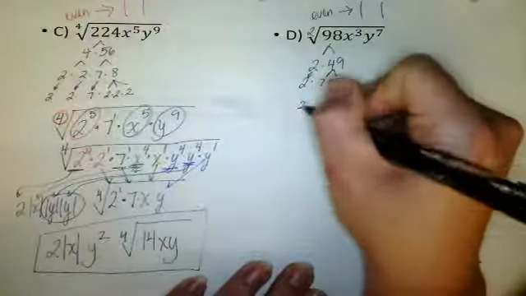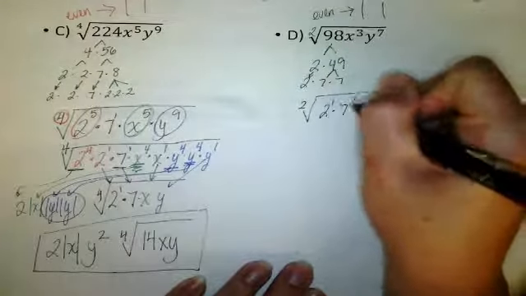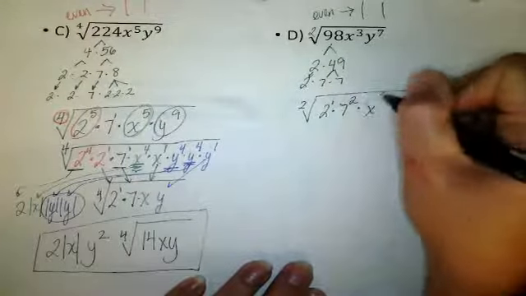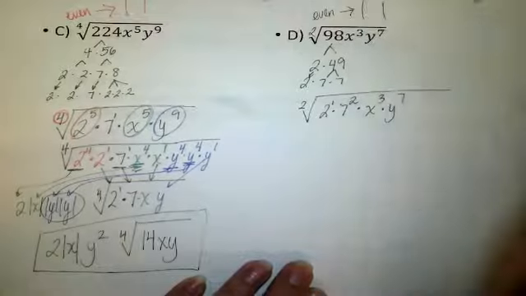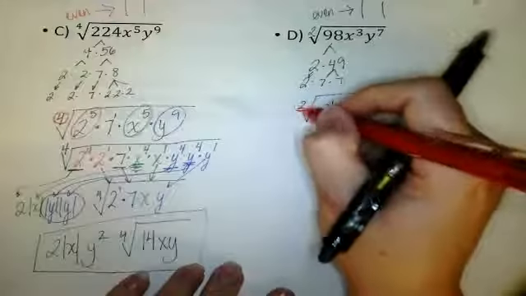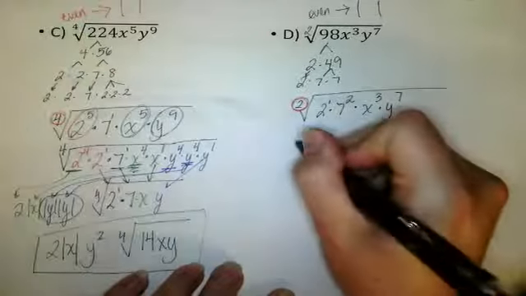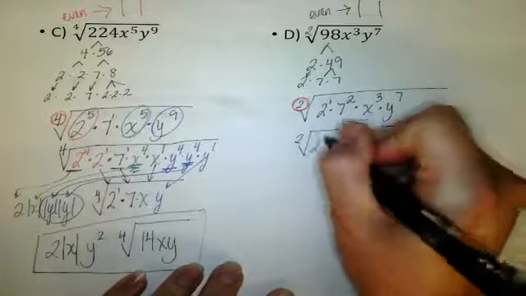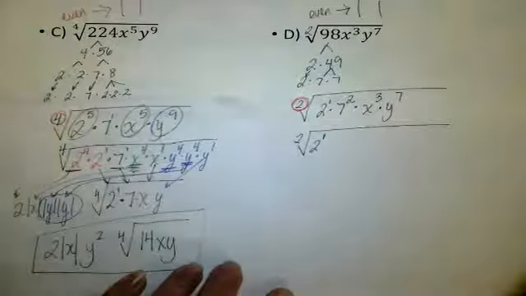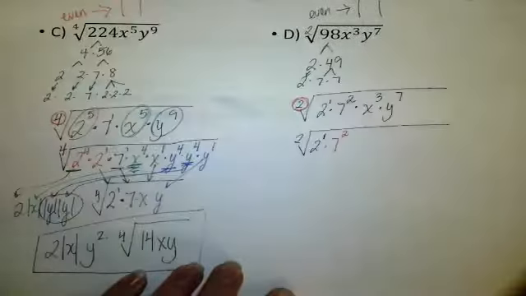All right. So we have the square root of 2 to the first times 7 squared times x cubed times y to the 7th. And I'm going to expand everything. I want to find as many powers of 2 as I can. Can't do anything with 2 to the first. Oh, 7 squared is already there. That's nice.